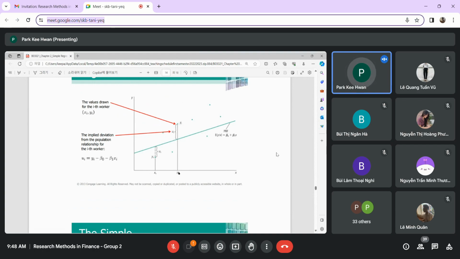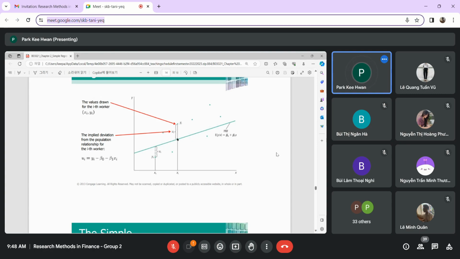However, the actual data points deviate from around the mean, which is given by this population regression function. Now, at each data point, you can compute ui, which is the difference between yi and the value on this point, which is beta naught plus beta 1 xi.